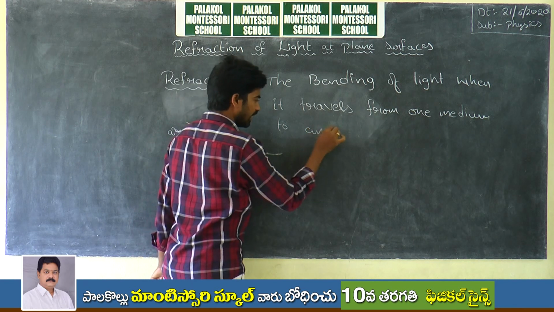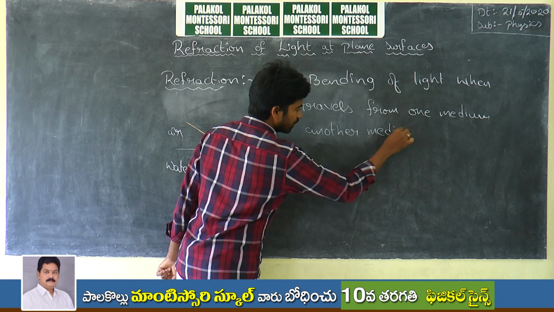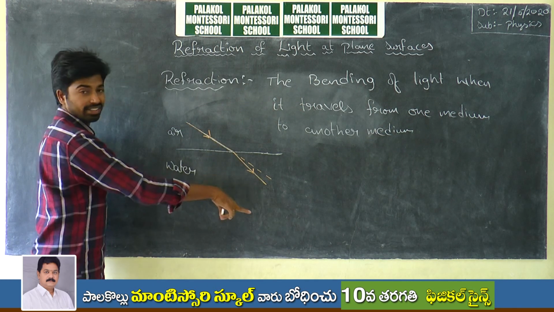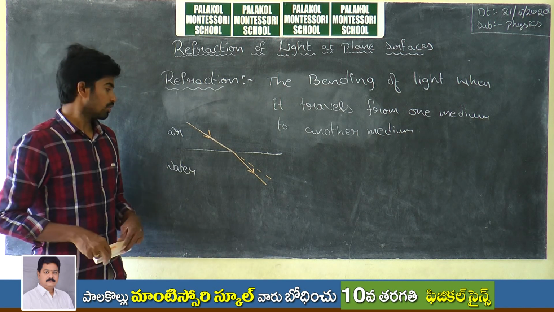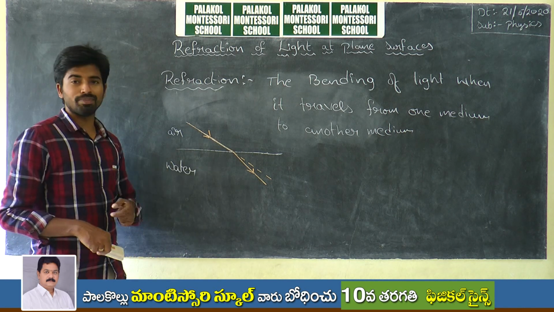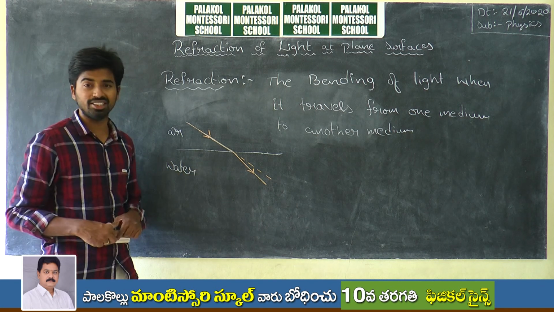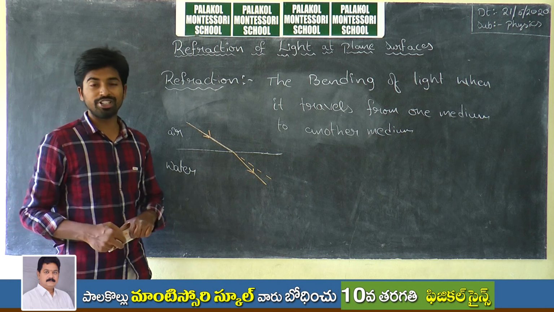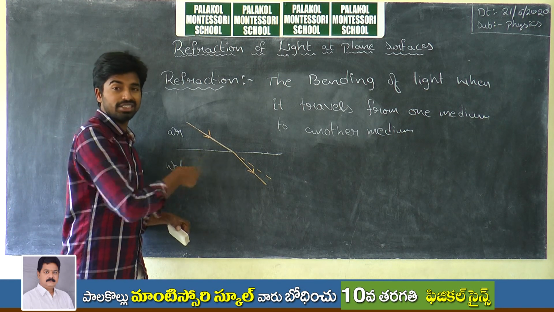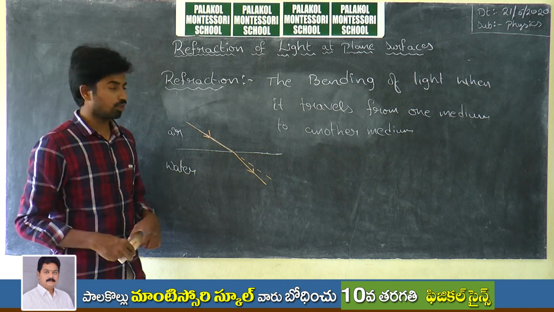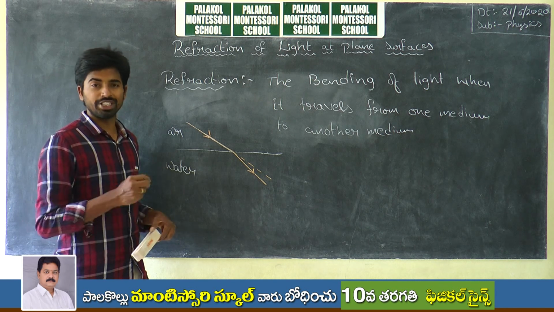Here the direction of the light is changing. In order to measure the change in direction of the light, we need to deal with angles.